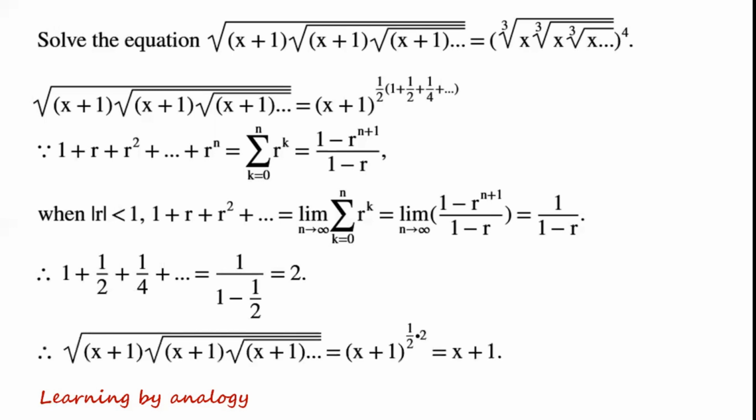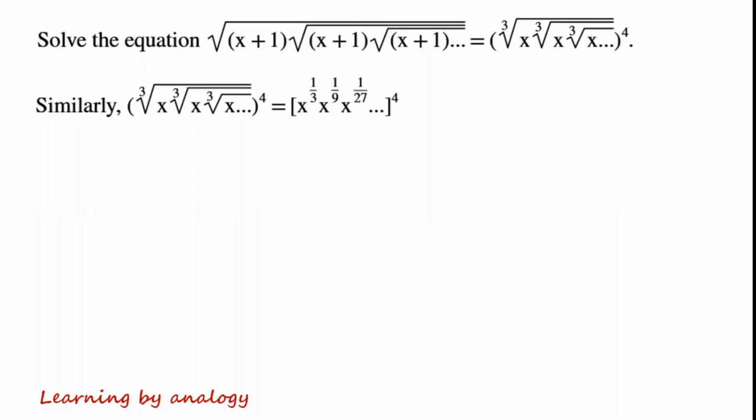So the left-hand side of this equation equals x plus 1 all to the power of a half times 2, which is equal to x plus 1.